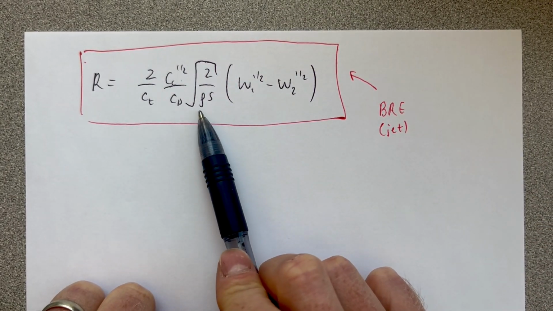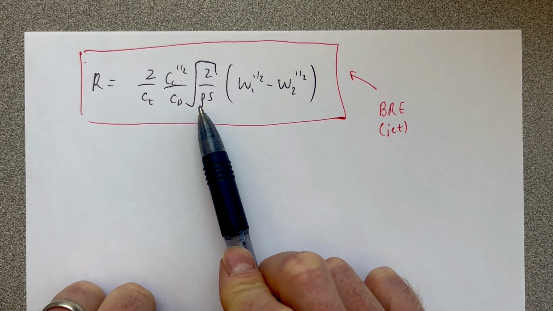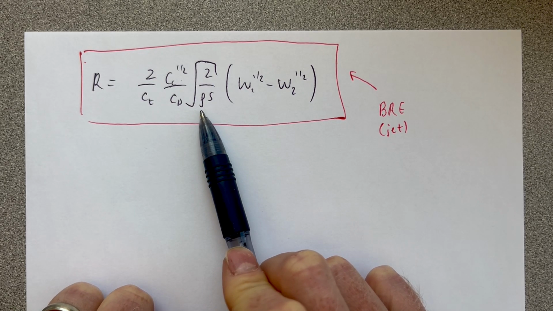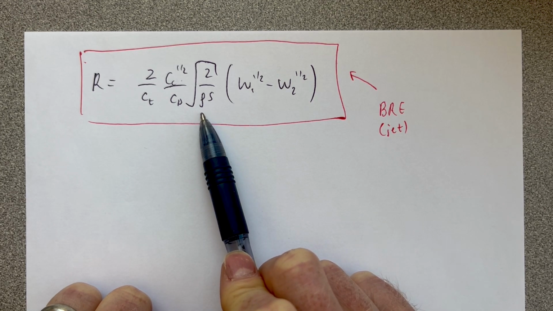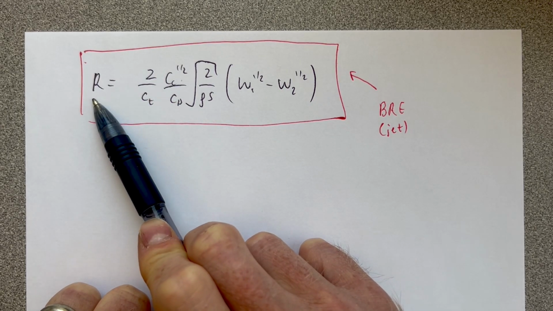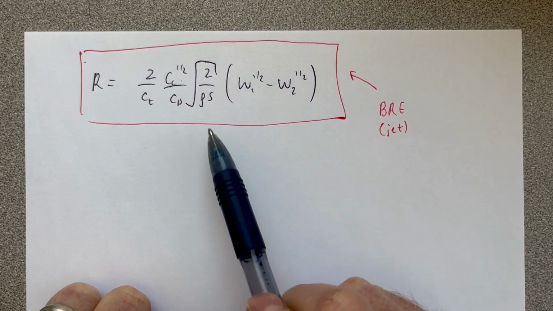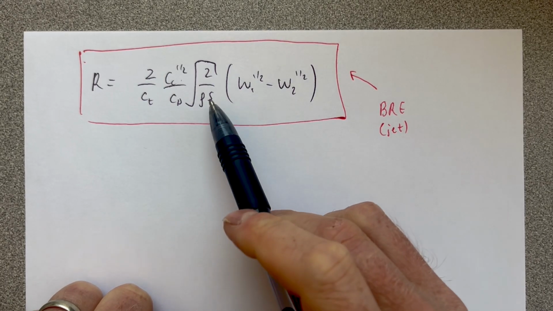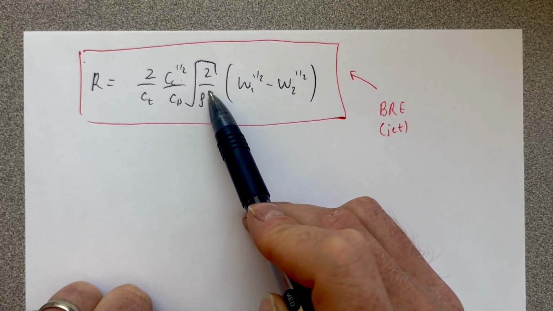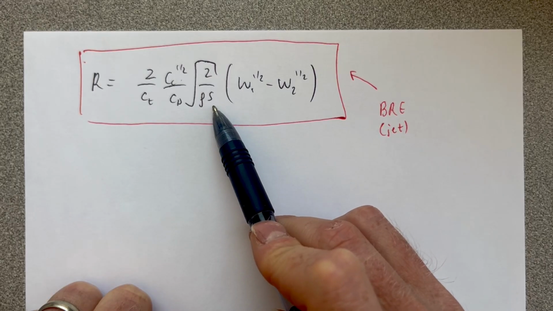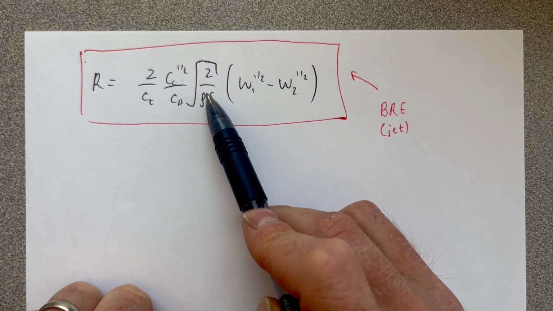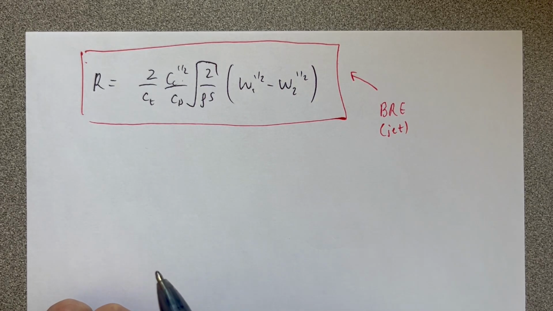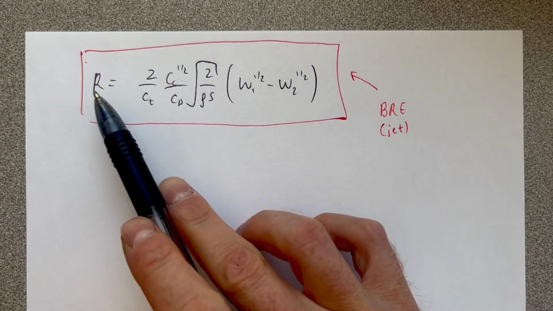In this term, we need to minimize the air density to maximize range. Minimizing air density tells us that flying at a higher altitude will give us a better range for a jet-powered airplane. And also minimizing our wing reference area. A larger wing reference area is going to generate more drag and therefore reduce our range.